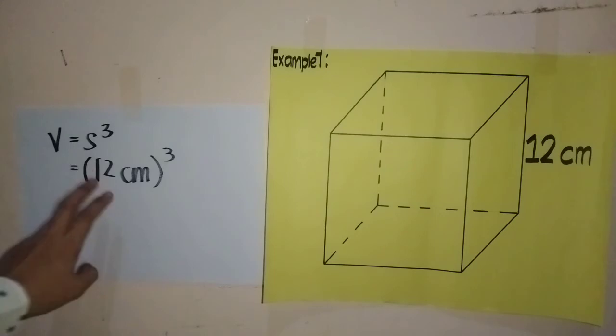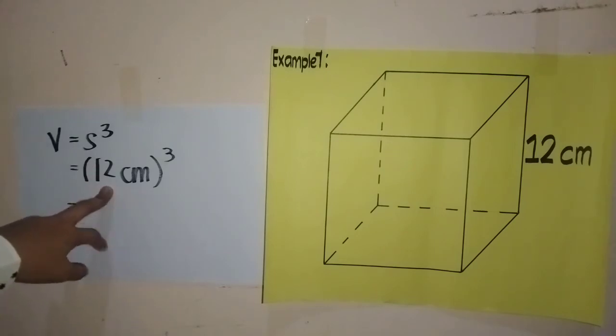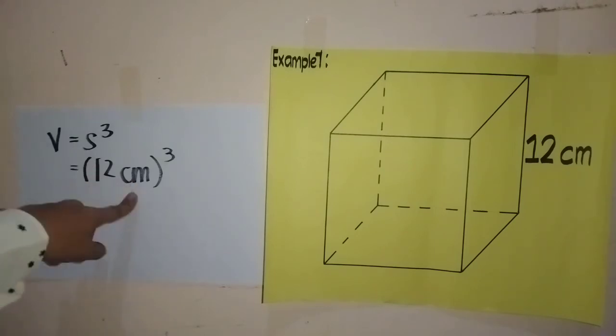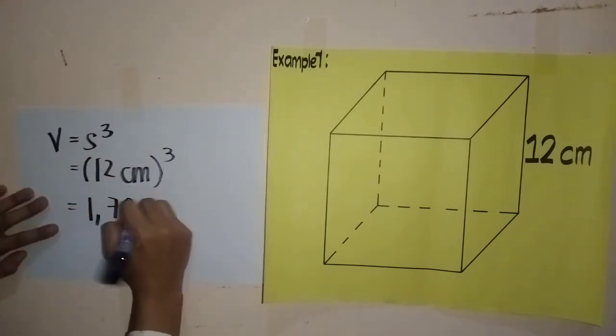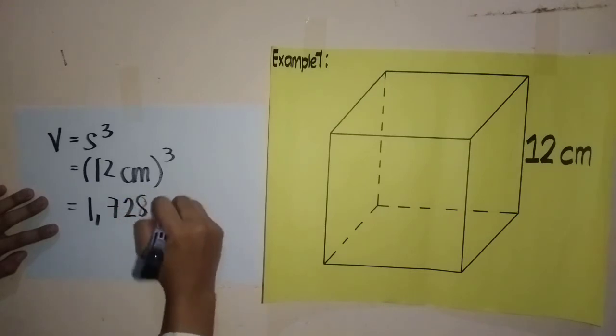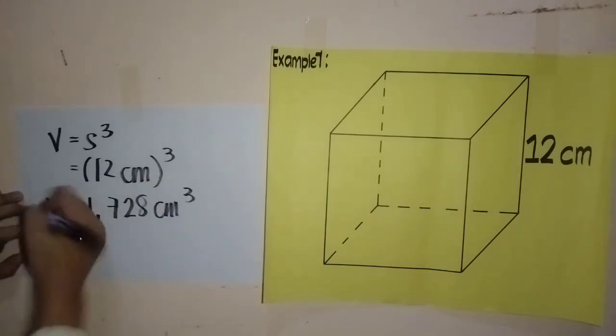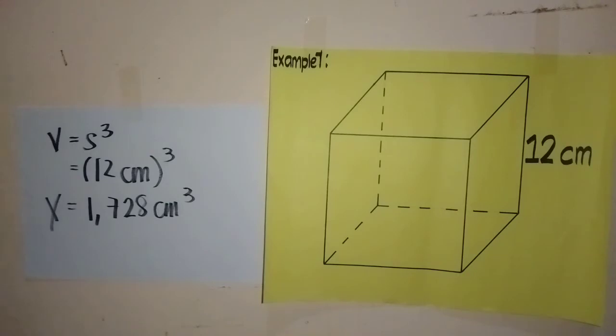So 12 times 12 is equal to 144 centimeters, times 12 is equal to 1,728 cubic centimeters. So a cube has a volume of 1,728 cubic centimeters.